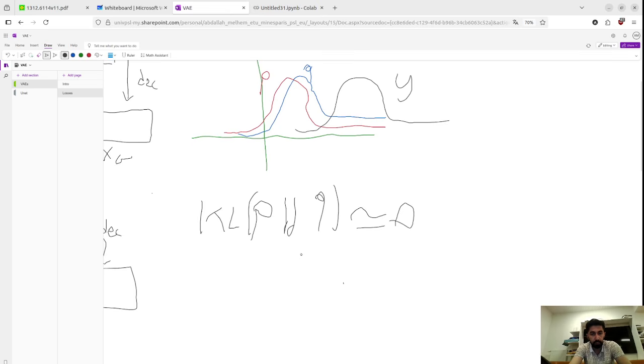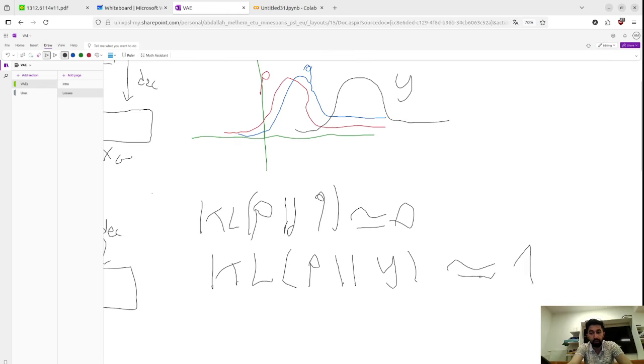However, P and Y are very far from each other, so they would have a KL close to 1, because the KL divergence is between 0 and 1. If they're exactly the same, it's 0. If they're really far away, it's 1.